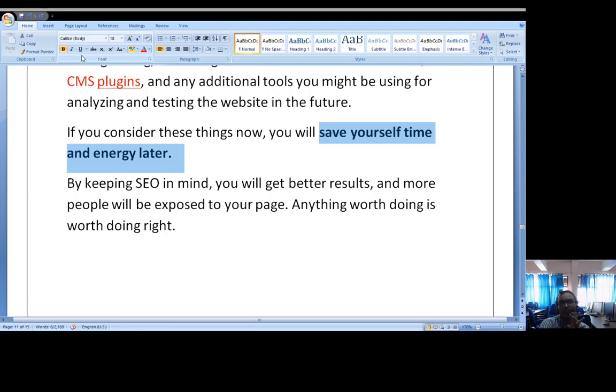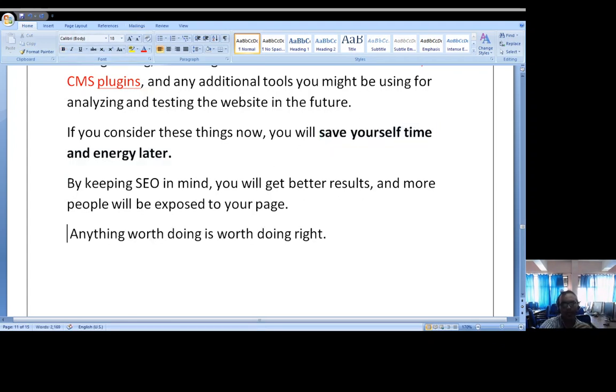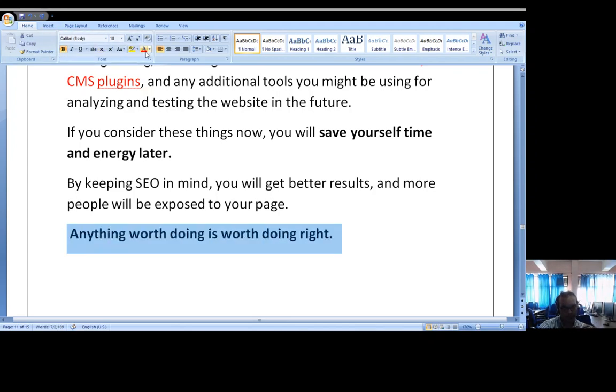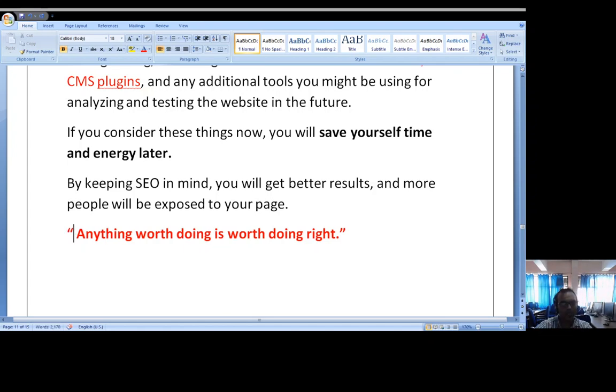By keeping SEO in mind, we will get better results and more people will be exposed to our pages. Anything worth doing is worth doing right. This should be the motto one follows while writing our content.